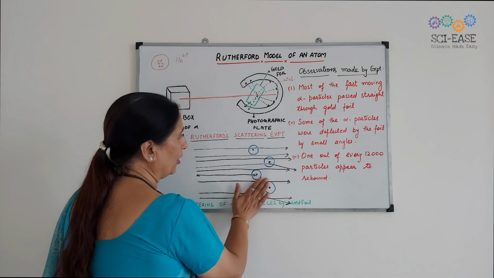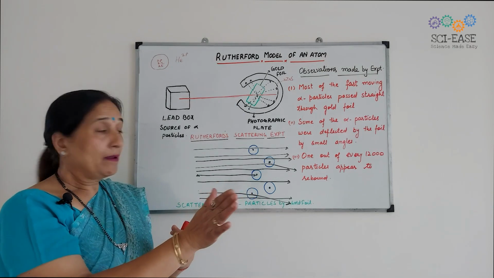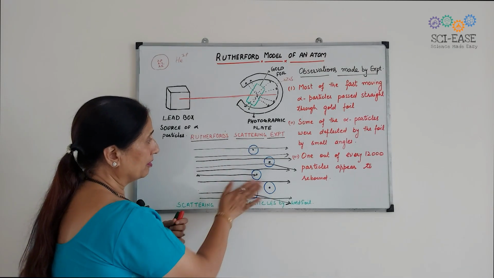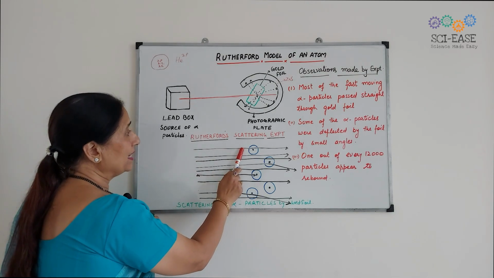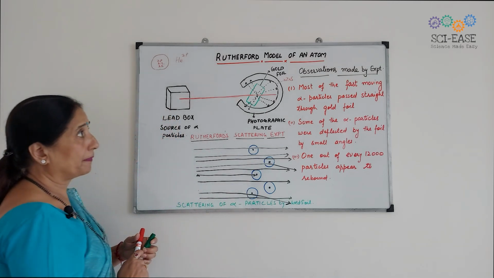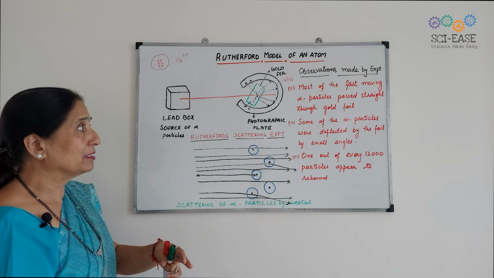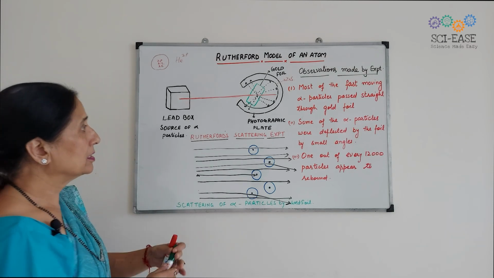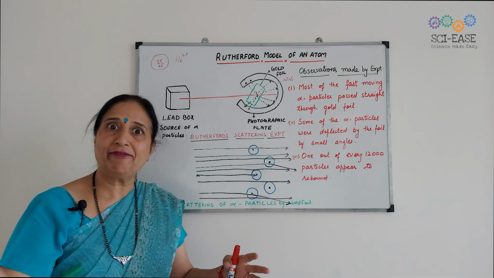Suppose this is the gold foil, atoms of the gold foil, okay, and the alpha particles are allowed to pass through it. Most of the fast moving alpha particles passed straight. They passed straight without any deviation.